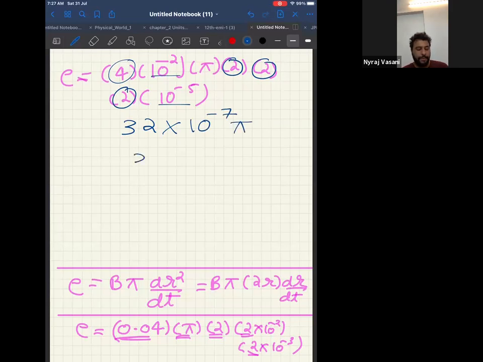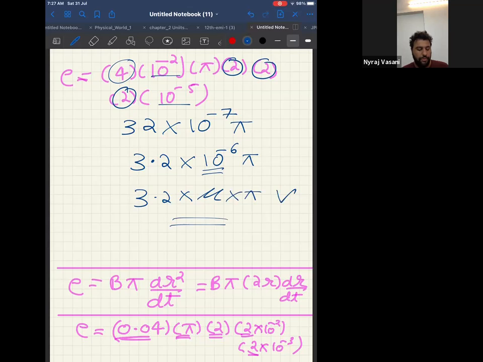Now 32 into 10 power minus 7, I can write it as 3.2 into 10 power minus 6 pi, because 32 into 10 power minus 7 can be written as 3.2 into 10 power minus 6. Therefore, the answer is 3.2 into 10 power minus 6, which is micro, into pi volt. Therefore, answer will be A.